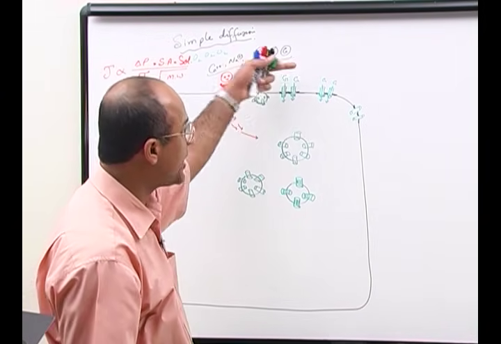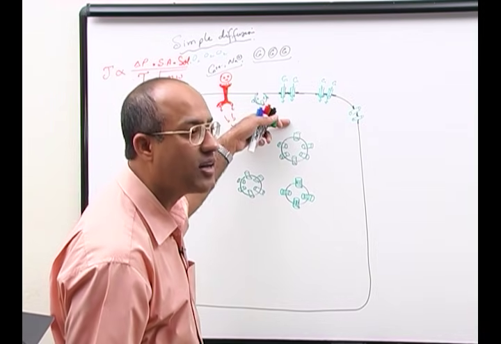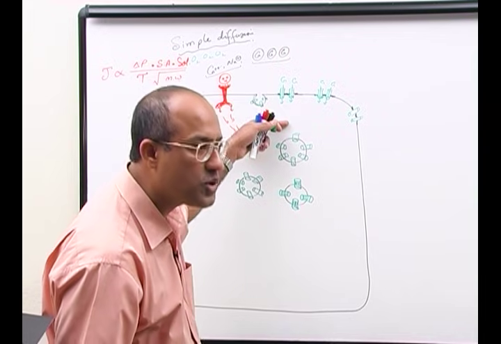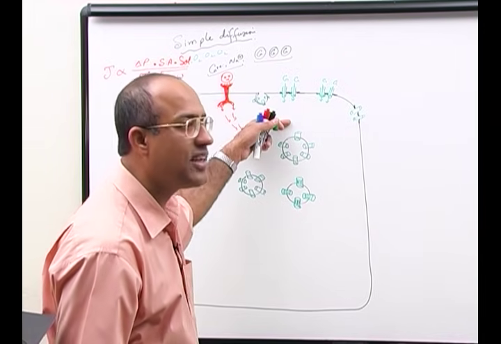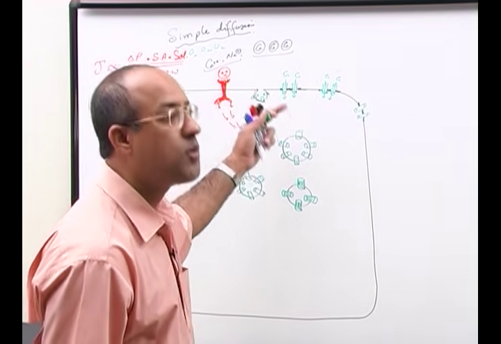Because glucose is moving from high concentration to low concentration, this mechanism is still called diffusion. But this diffusion of glucose has been facilitated by the presence of glucose transporter proteins.